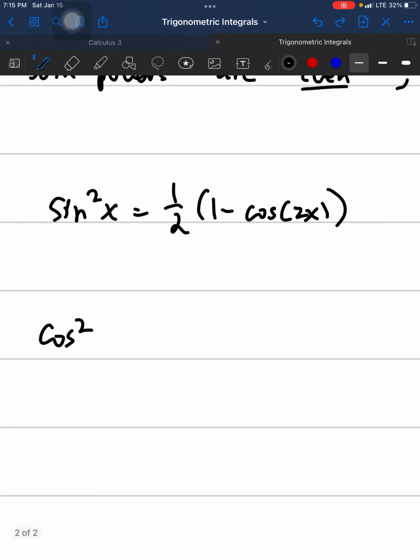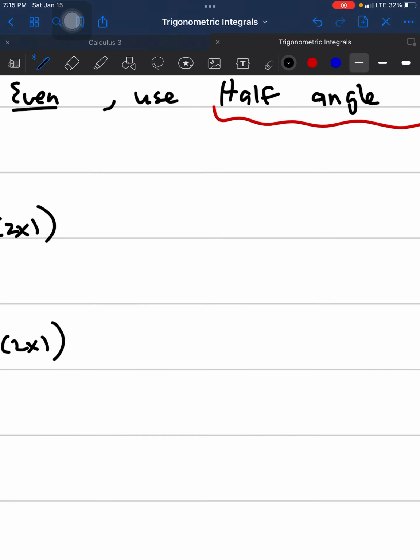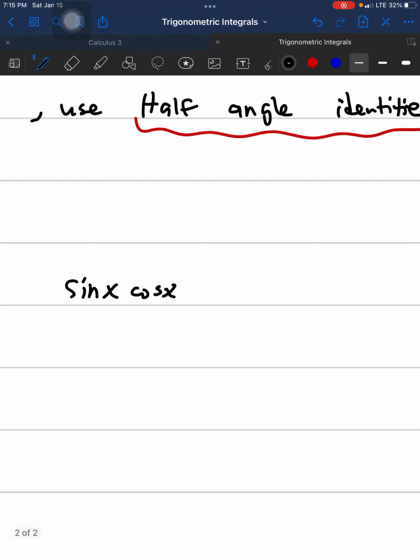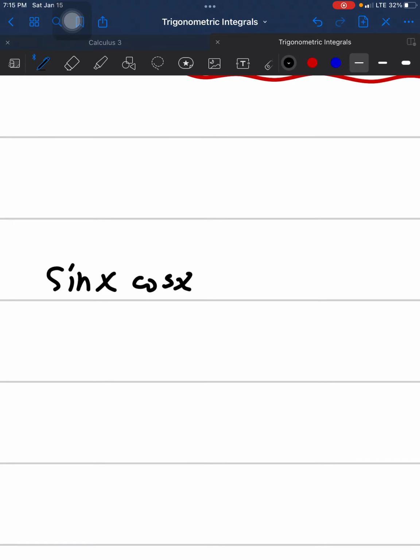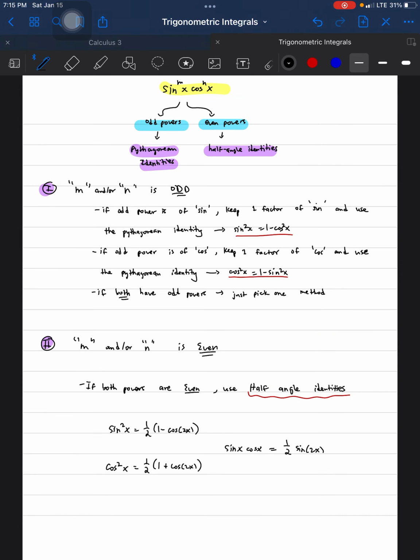For cosine squared x, the half angle identity is 1/2 (1 plus cosine 2x). And if we have sine x times cosine x, which we use when both are even, that is equal to 1/2 sine 2x. So these are the half angle identities.